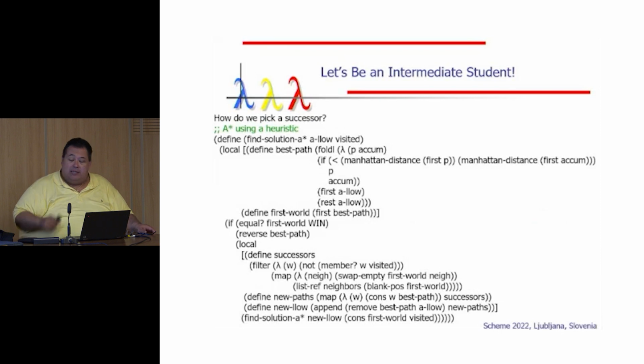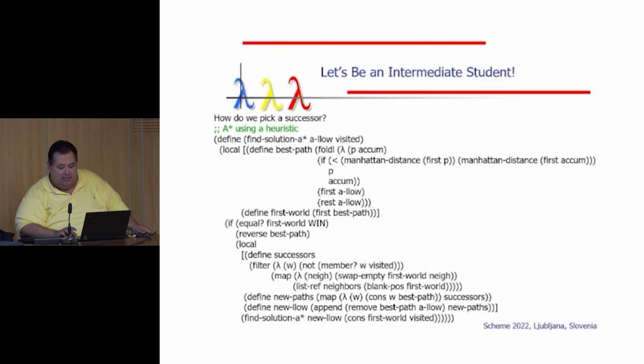And then we're going to explore the path that's most promising, the one that the heuristic tells us is the best. So we're going to create these new paths, and then we're going to remove the best path and then append. Okay, and so now we say, let's run this.